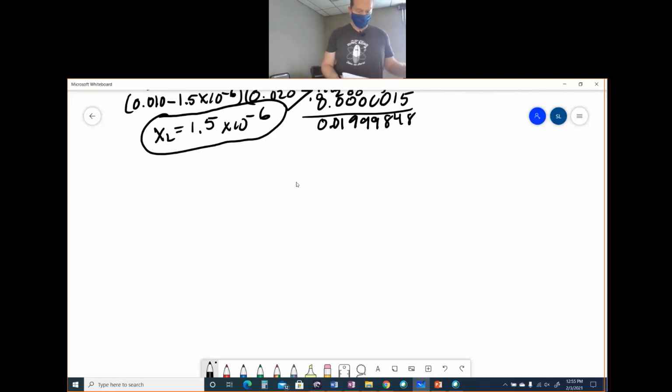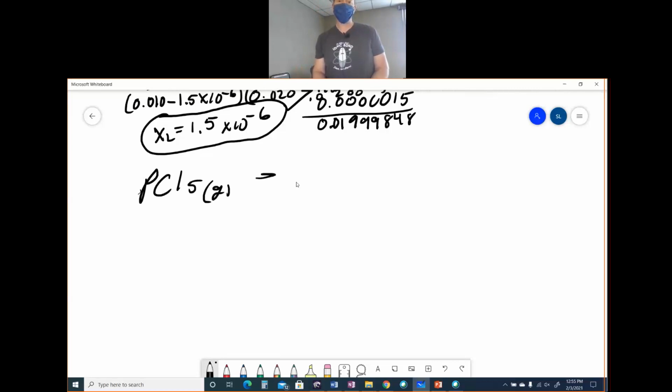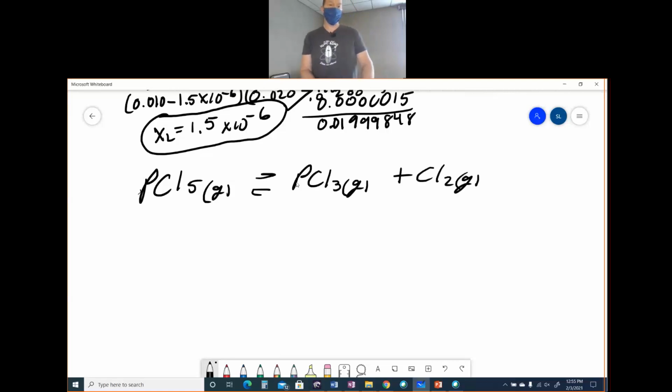All right, so let's do one where it requires more than one x value. So in this problem, we have PCl5, which is a gas, in equilibrium with PCl3, also a gas, and Cl2, a gas. All right, so the question, I'll write the question this time, calculate equilibrium concentrations.